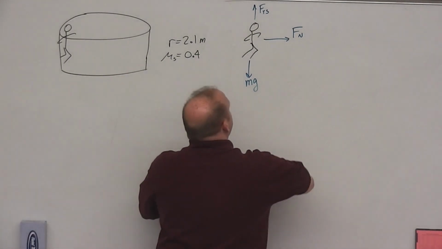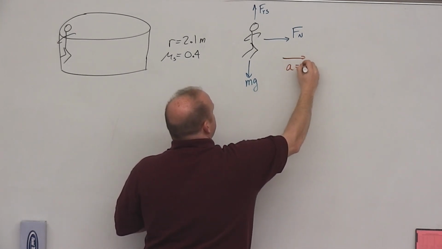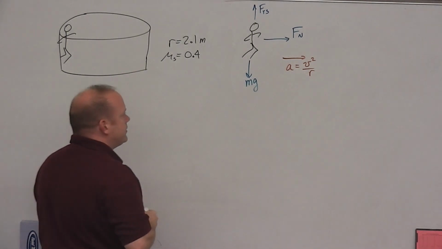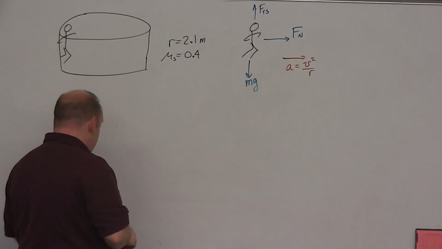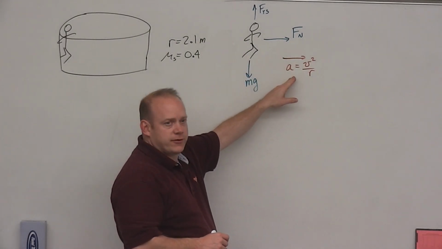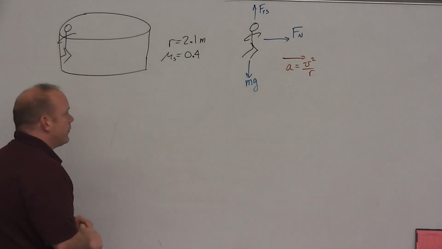On my free body diagram, I usually like to make a note that there's an acceleration, and that's just going to be v squared over r. Acceleration is inward. Again, I don't attach it to the body, I just make reference to it so that I have it there for my use.